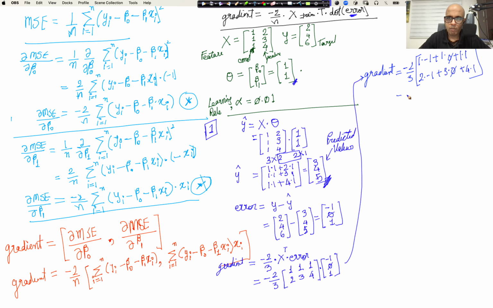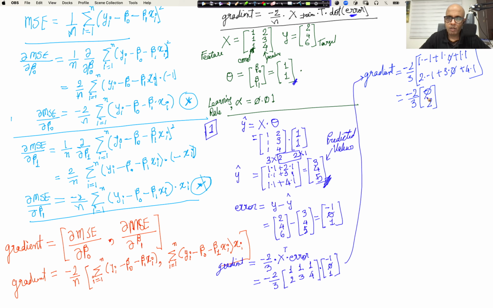Inside here, the top becomes minus 1 plus 0 plus 1, so that becomes 0. Down here we get minus 2 plus 4, so that becomes plus 2.